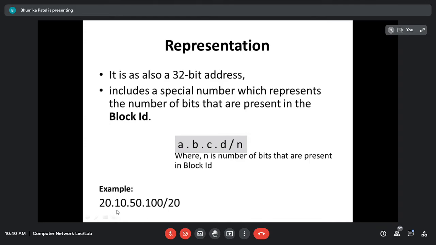Okay, for example, this: 20.10.50.100/20. So here how many bits will be there in the block ID? I use this IP address with the slash notation 20. Then how many bits are there for the block ID? Can anybody tell me?